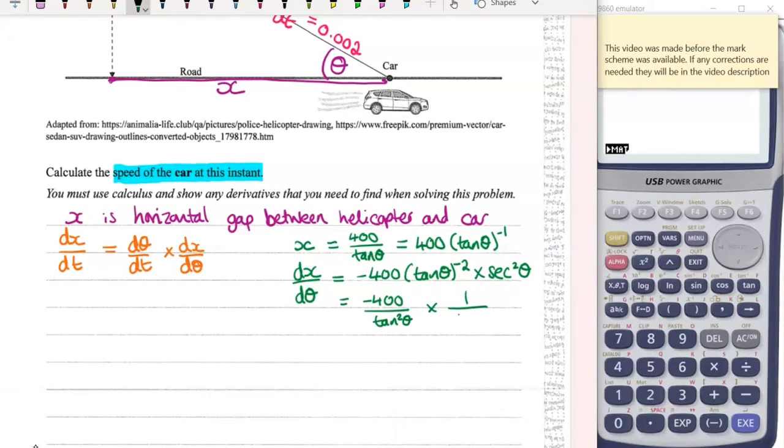Sec squared is 1 over cos squared. So this is minus 400. Tan is sine over cos, so this is sine squared. Oh, but because it was 1 over, it gets flipped, so it's cos squared over sine squared times 1 over cos squared. So now you can see the coses cancel, and we have minus 400 over sine squared theta.